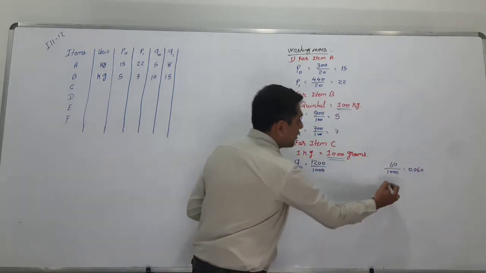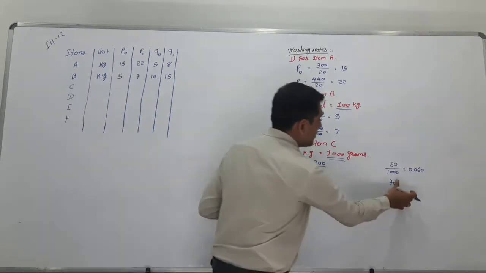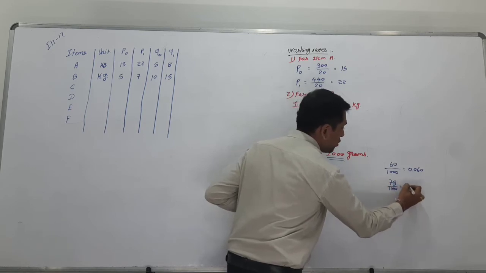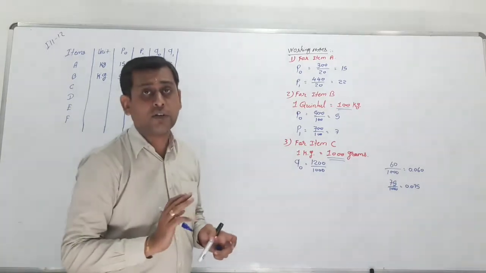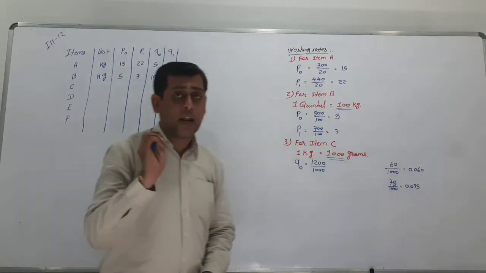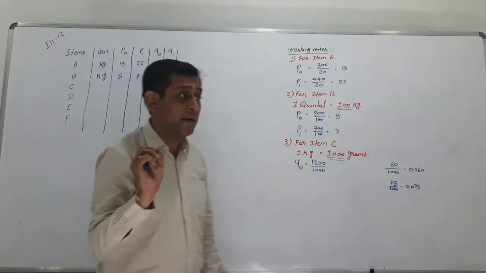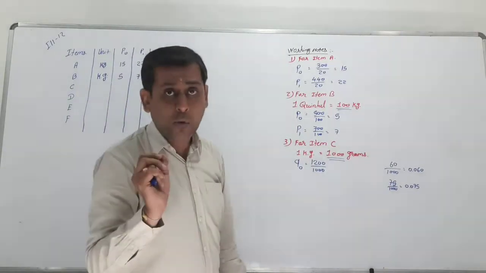And the price 75 divided by 1000, so the price is 0.075. So after the point there are 3 digits. If there are more digits after the point, then the calculation is very hard.